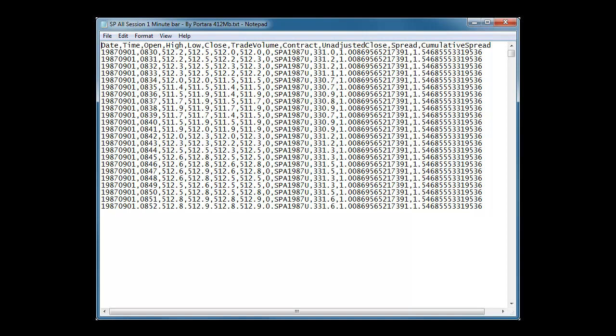If we look at the results, we can see that the cumulative adjustment of 1.546855533 is multiplied by the unadjusted close of 331.0 does indeed verify the close of 331.0, and thus we can determine that the data is proportionately correct.